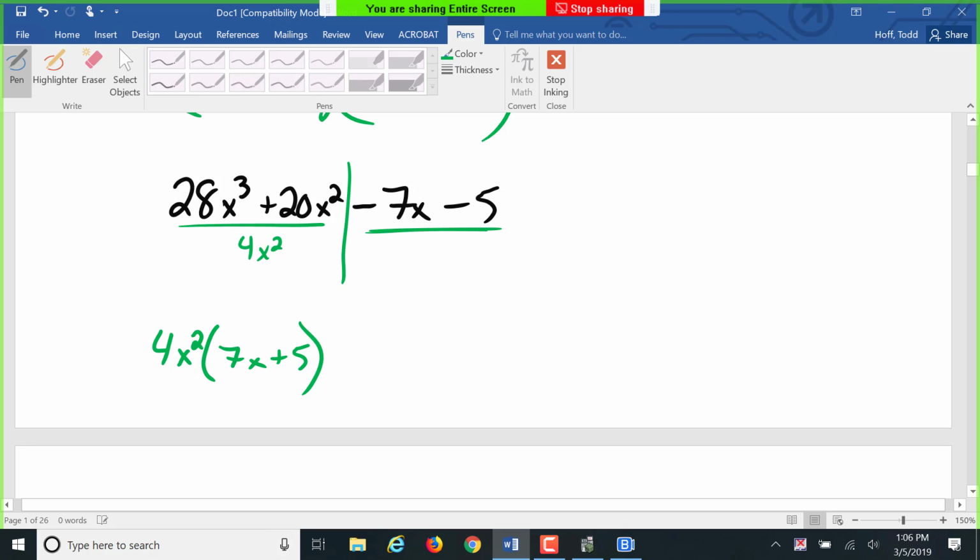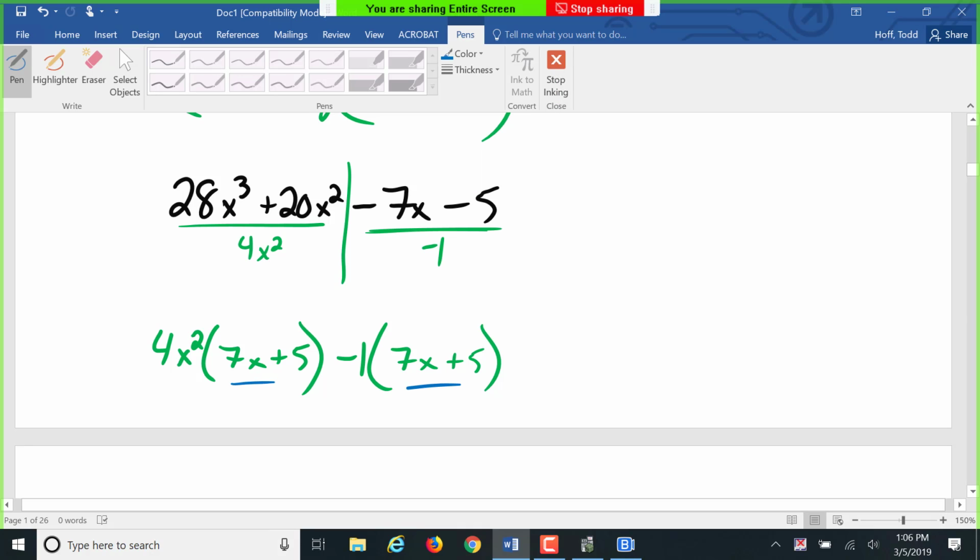Now in this second set, it looks like there's no common factor, but there's actually something that I have to take out of it to make it the same as what I have over here. What would that be? Negative 1. Very good. I have to divide out negative 1. And of course, that would leave me with 7x plus 5.